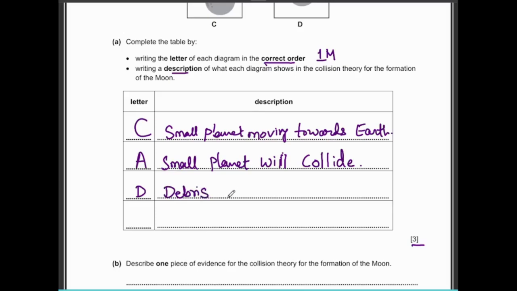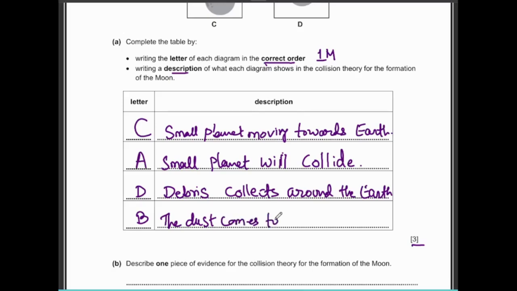And the last one, of course, is your B, in which we write the dust comes together to form the moon.